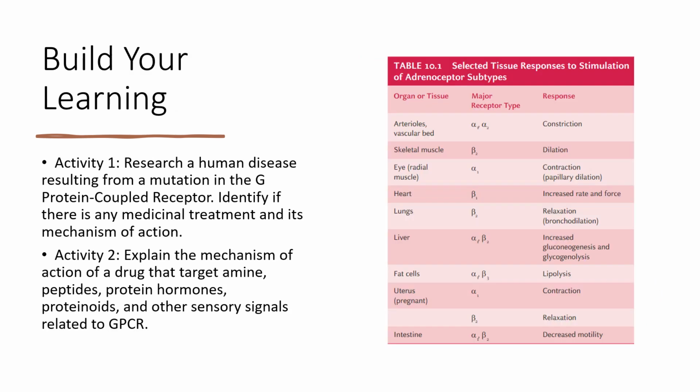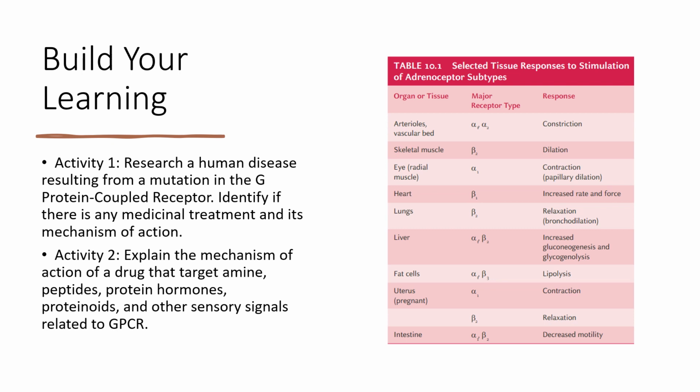Build your learning. There are 2 activities that could be implemented into the classroom to check a student's understanding. They can also be done collaboratively with a partner, or you can work on your own. Activity 1 is to research a human disease resulting from a mutation in the G protein coupled receptor, and then identify any medical treatment and its mechanism of action.